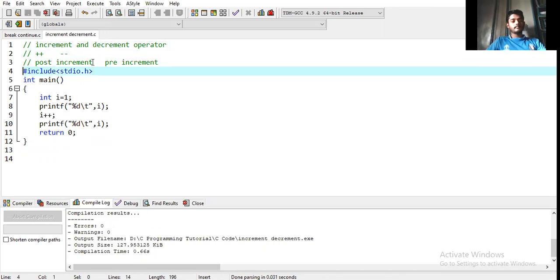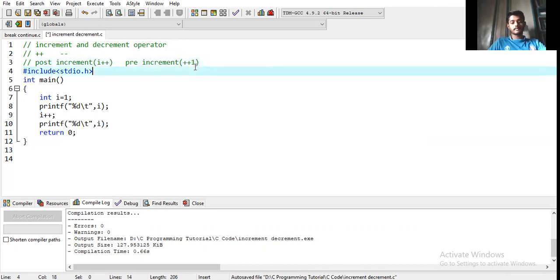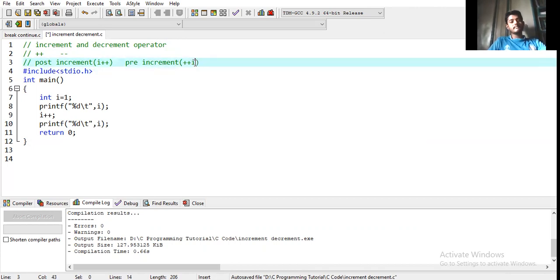This is post-increment and this is pre-increment. So what is the difference between post-increment and pre-increment?